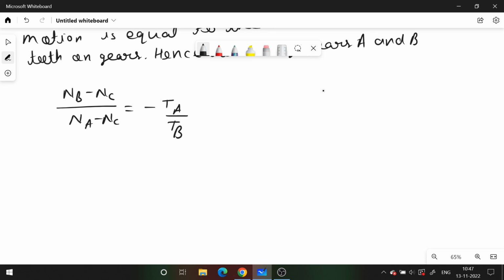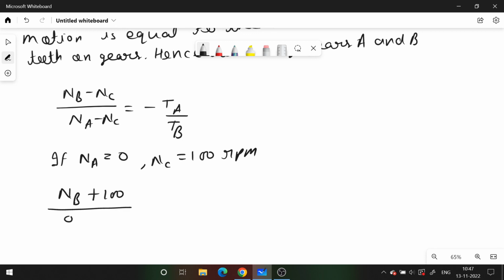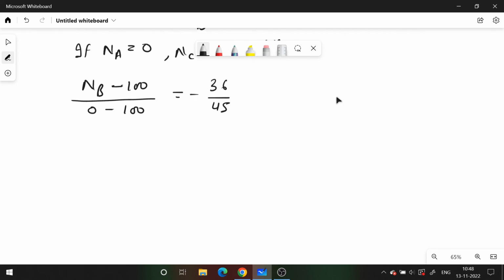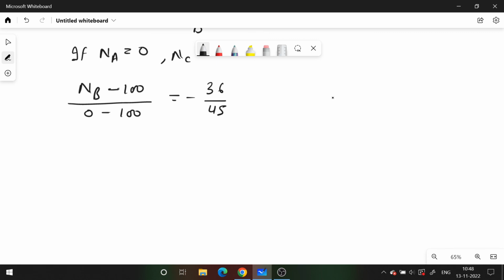If NA is equal to 0 and NC is equal to 100 rpm, then NB minus 100 upon 0 minus 100 equals minus 36 upon 45, because the number of teeth on gear A is 36 and on gear B is 45.